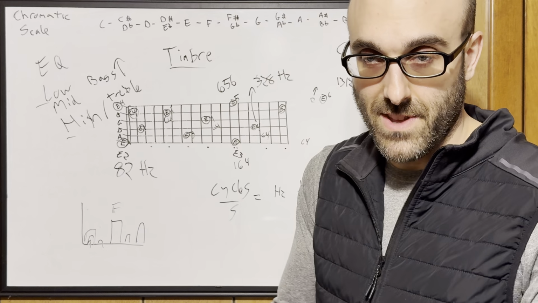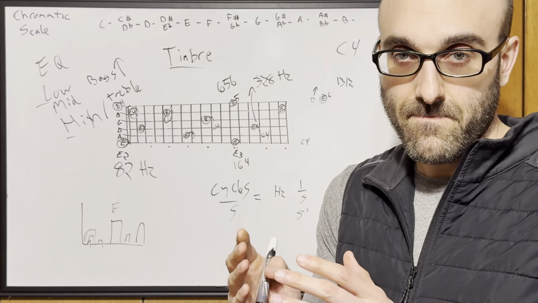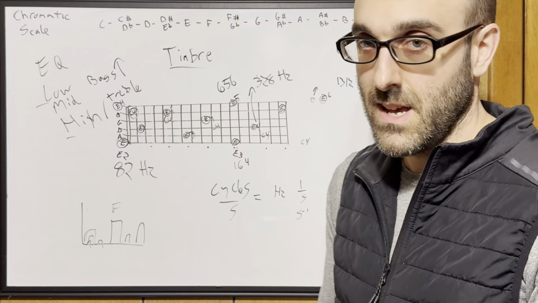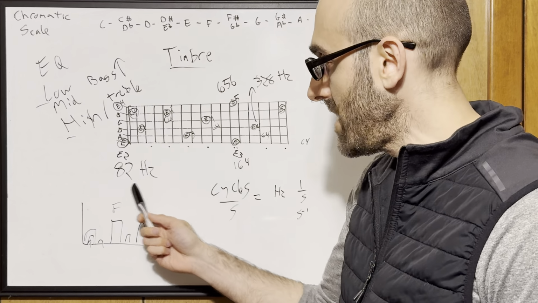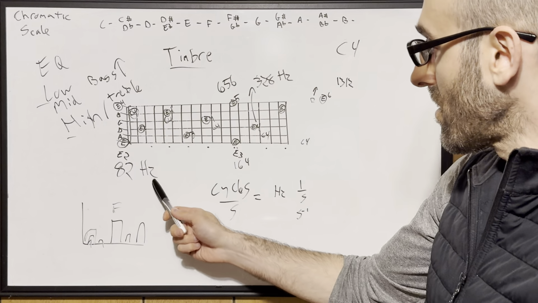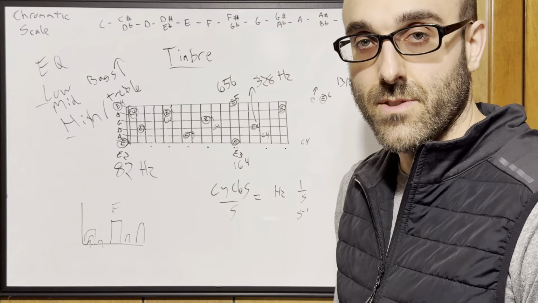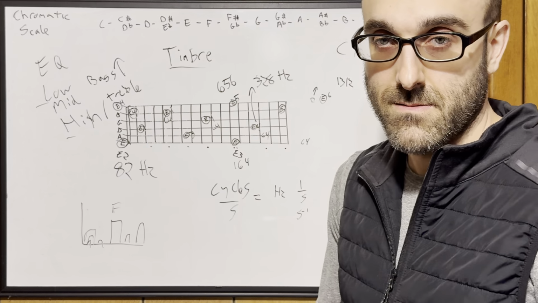So what happens is the air vibrates back and forth, and we can measure the frequency in which it oscillates, okay? And if you measure the frequency of E2, it's 82 hertz. Hertz is cycles per second, so that means when you play that note on your guitar, it's going to vibrate 82 times in 1 second, okay?